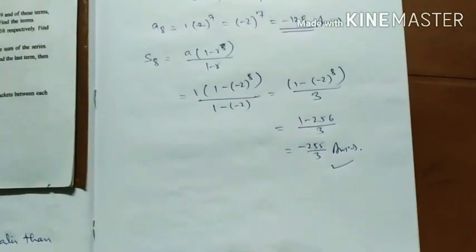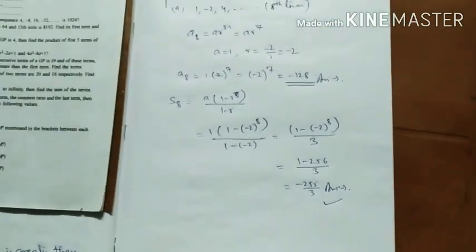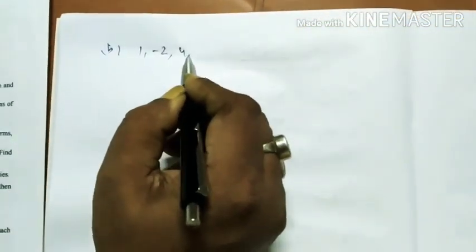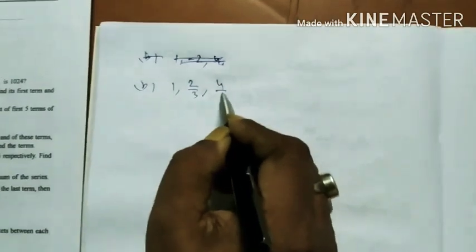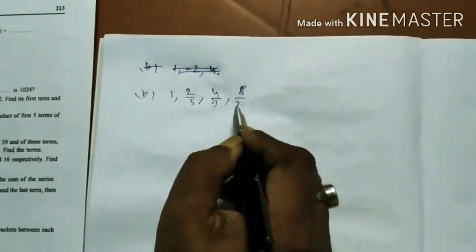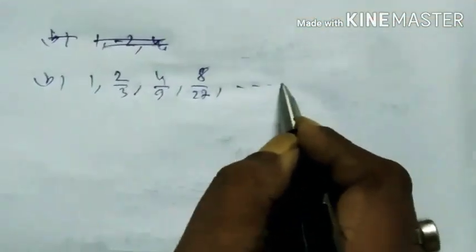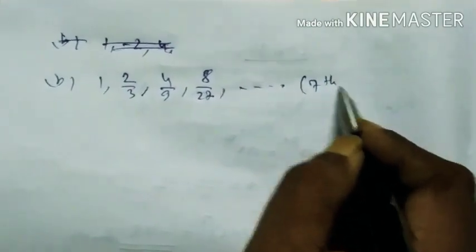Now again I am doing the second question for you. Here I am showing the term. The second question is B: 1, 2 by 3, 4 by 9, 8 by 27, up to the 7th term.